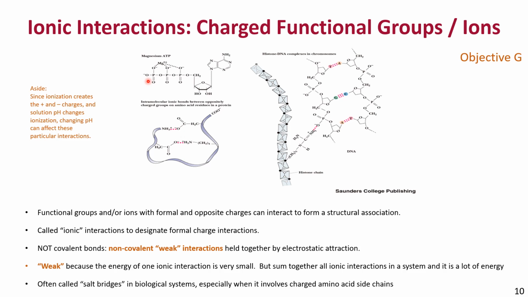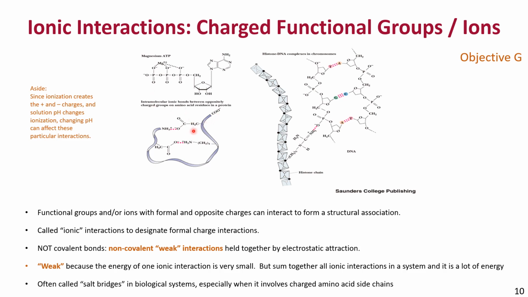Water loves negative charges. But if a magnesium ion comes along, it has a 2 plus charge. That formal, meaning a permanent charge, is going to be attracted to these negative charges and they're going to come together. It's not a covalent bond, it's not a permanent bond, it's an electrostatic interaction. It's like two ends of a magnet, or opposite charges coming together.